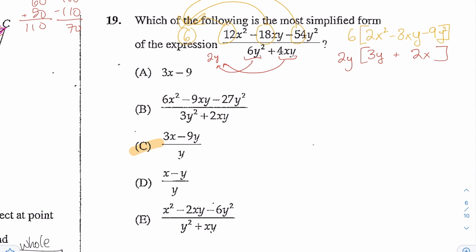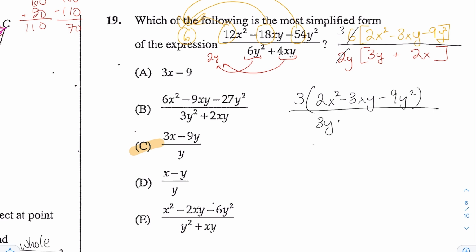And you have to divide both of these fractions. So first up, the 2 is gone. You can divide by that. So you just have that 3 left. So far you still have 3, parentheses, 2x squared minus 3xy minus 9y squared, divided by 3y plus 2x.